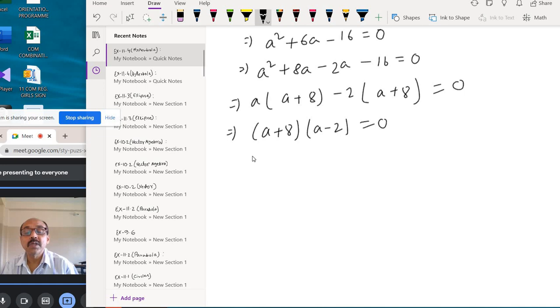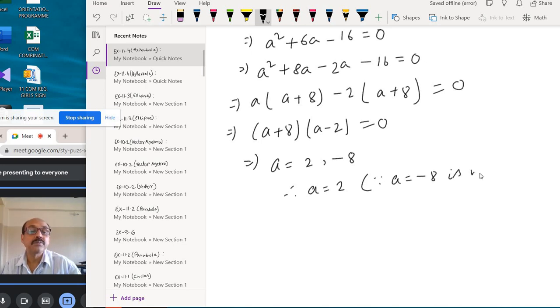So this implies a equal to 2 and minus 8. Since a plus 8 equal to 0 gives a equal to minus 8, and length cannot be negative, a equal to minus 8 is not possible.